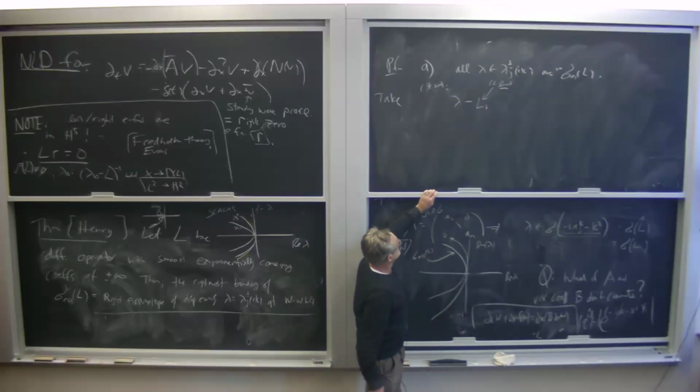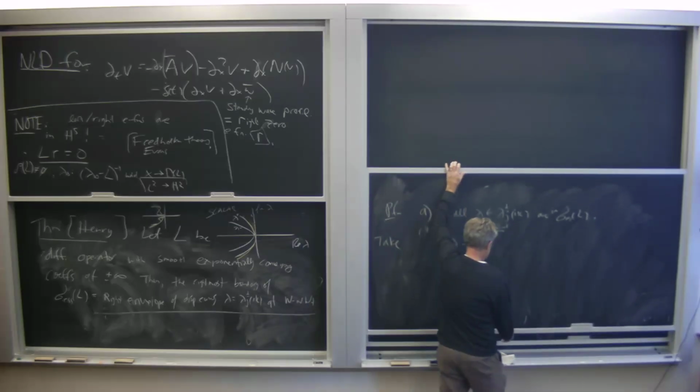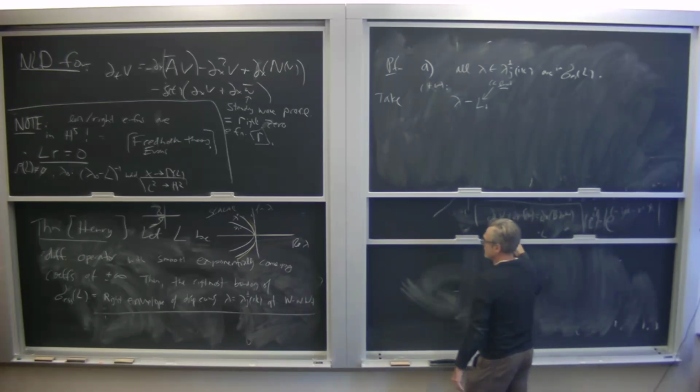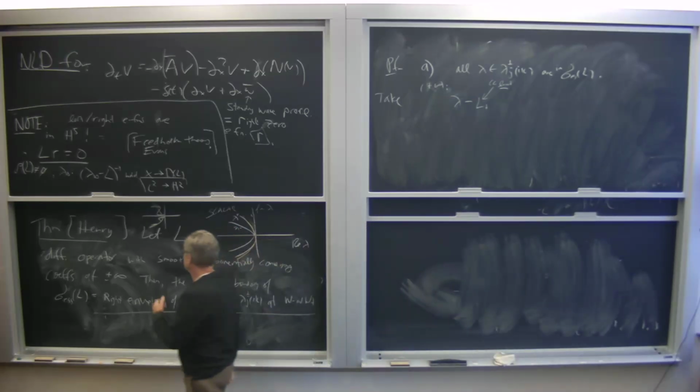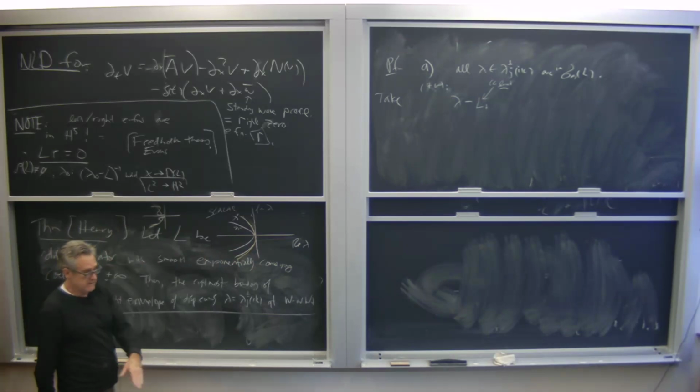Maybe it's good to put the picture back for a second if I can find it. Oh, I might have erased that nice picture. Okay, well. We are assuming that L is the linearized operator around the full shockwave.